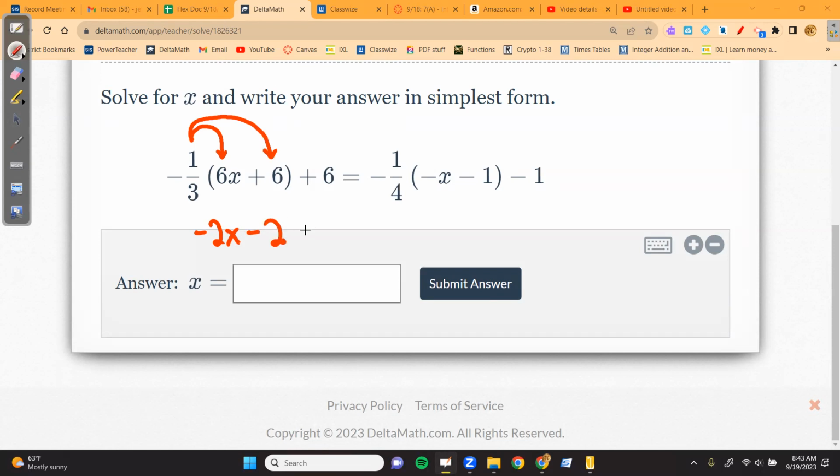And then I'm going to copy down my +6, and then I'm going to distribute again. These are nice distributions, really, because the 1/4 is annoying, but he's multiplying by ones, and so things don't really change. A negative times a negative is a positive 1/4 of x. And then on this second one, a negative times a negative is a positive, and 1/4 times 1 is just 1/4. And then I copy down the -1. Are we good so far?